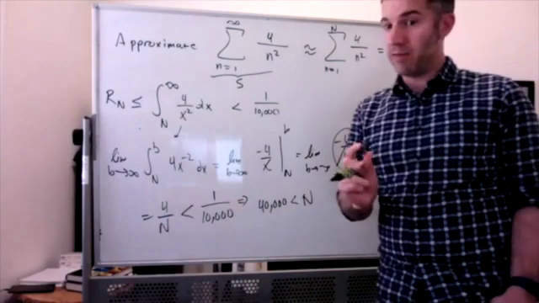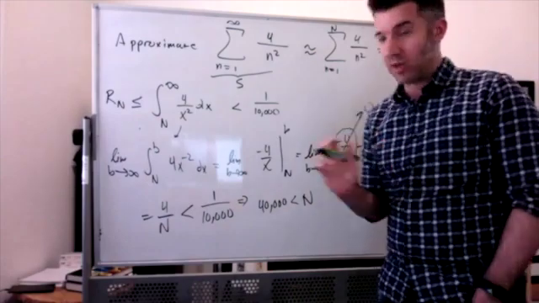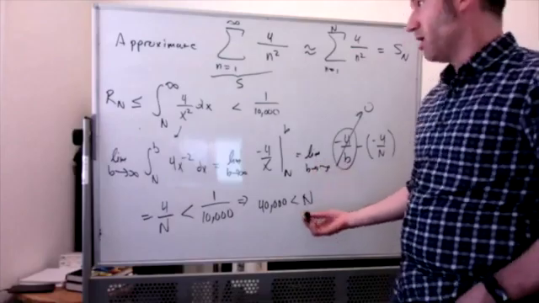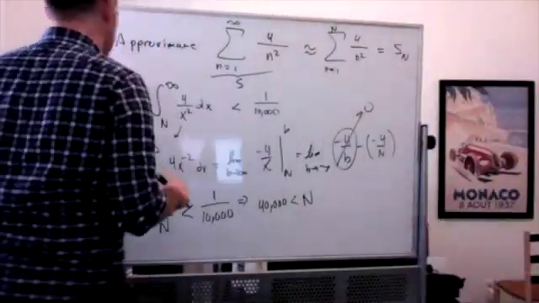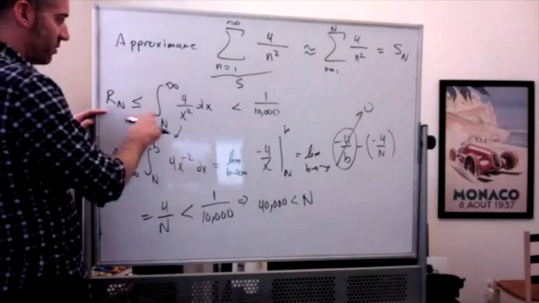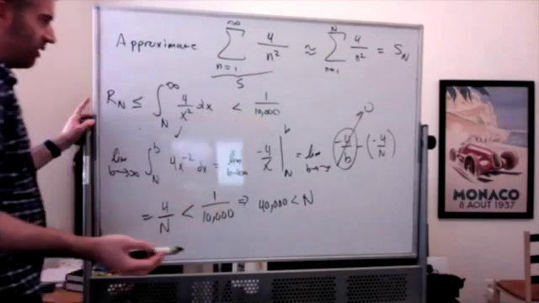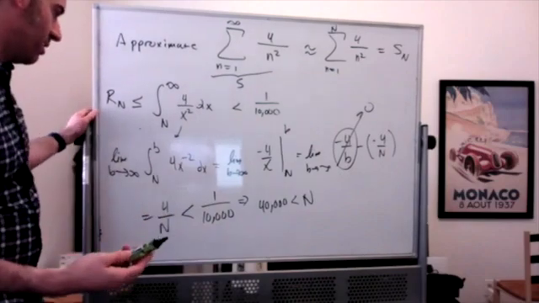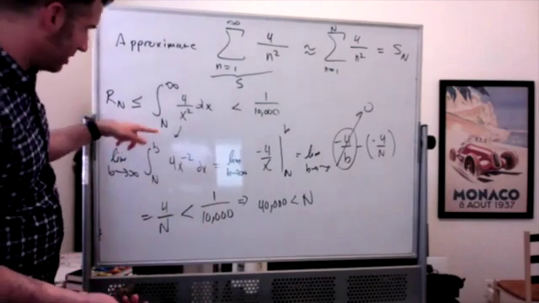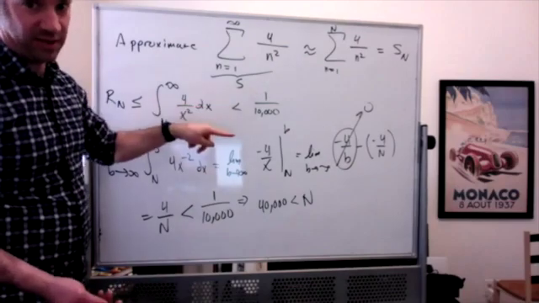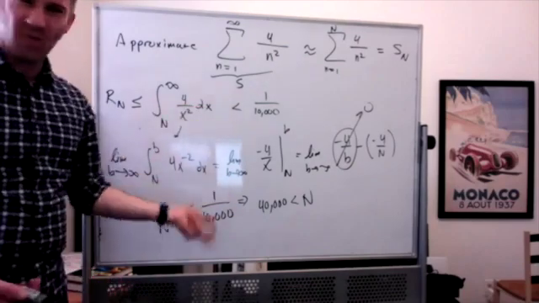I believe, and this is where you have to be careful, n has to be strictly greater than this, right? Because we want our remainder, which is less than or equal to this, to be less than 1 over 10,000. Since we want to pick an n so that this is actually less than and not equal to 1 over 10,000, I think we have to go to 40,001.